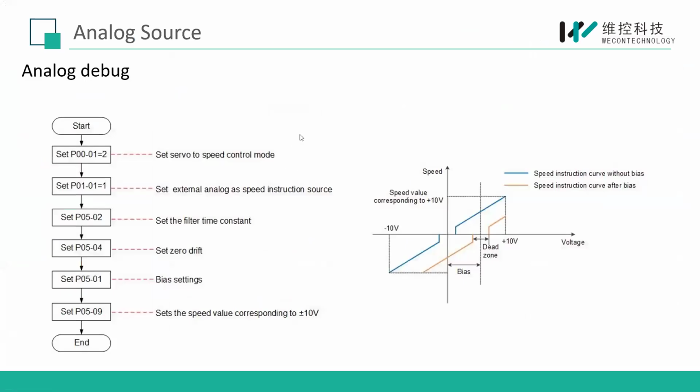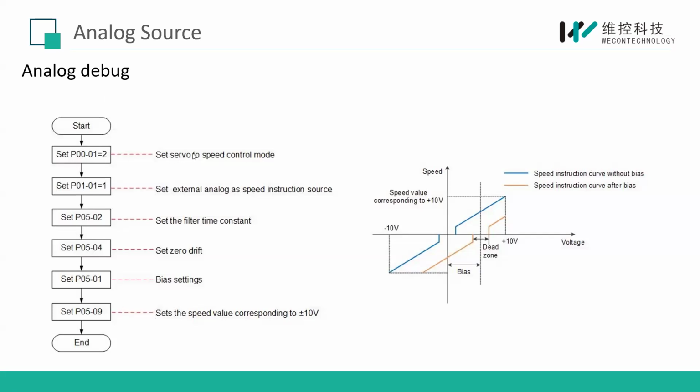Okay, and the next part is analog debug, because if we use analog inputs, there may be some errors in our analog input signal. So this step is to adjust the analog signal to a normal one.